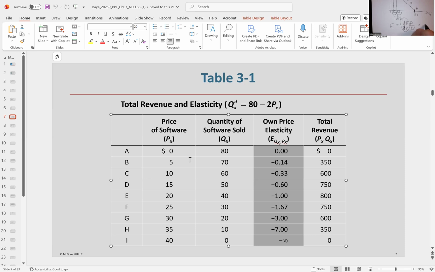So this is a -2, and it comes right here times P over Q. This would be the formula for the price elasticity of demand, or own price elasticity of demand.